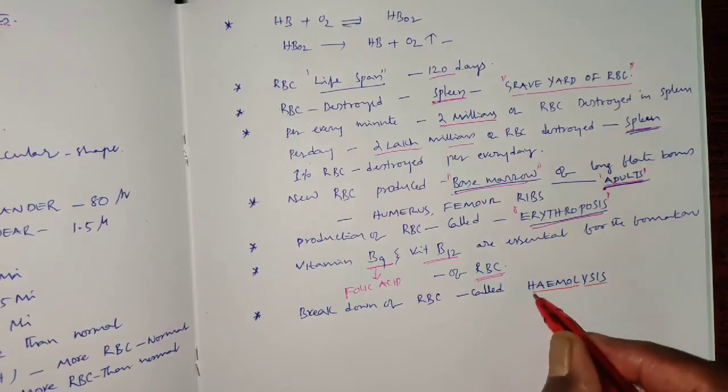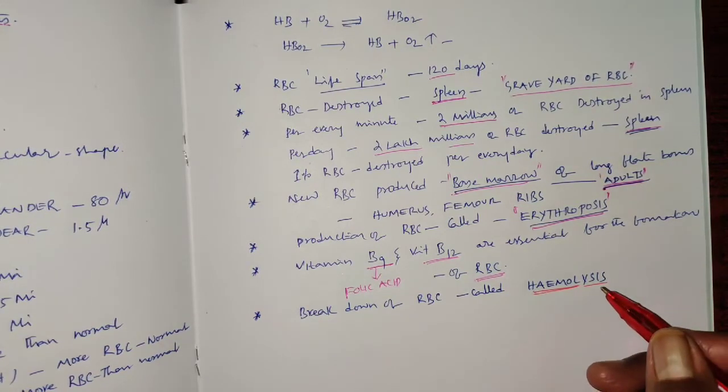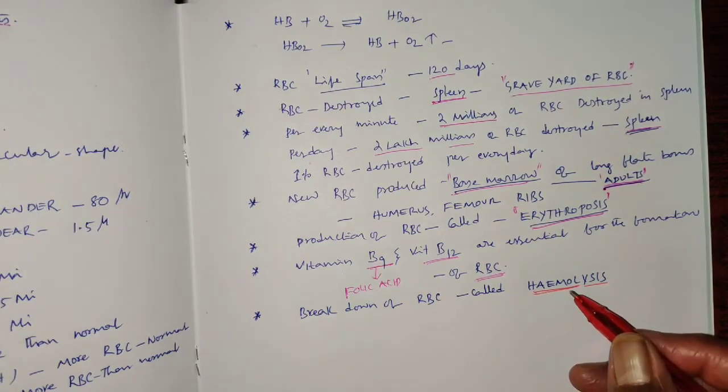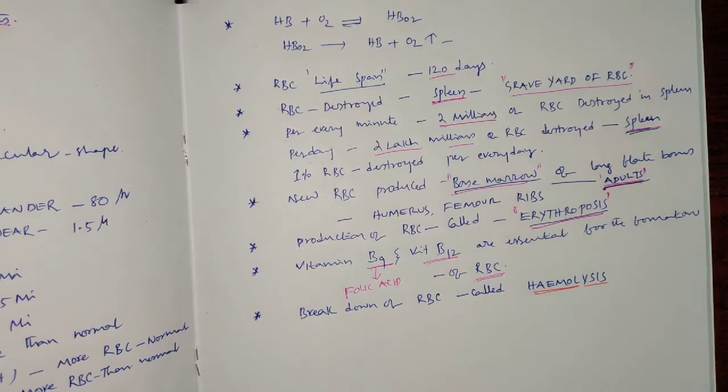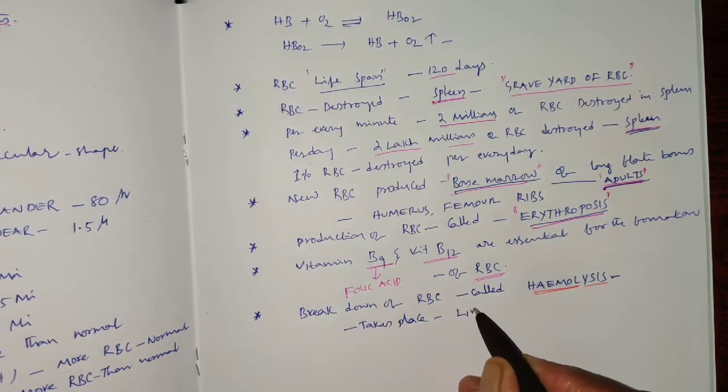Lysis means breaking down, and hemo refers to the hemoglobin part. Hemolysis takes place in the liver.